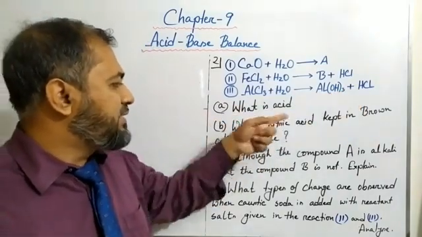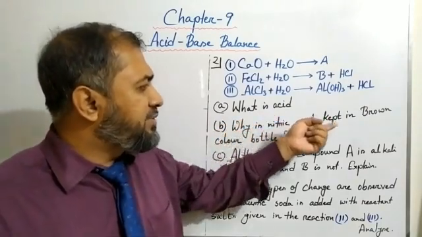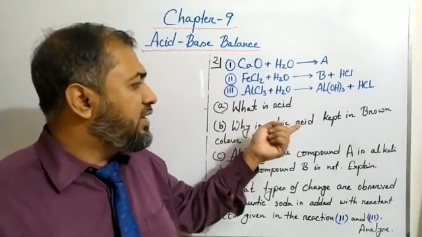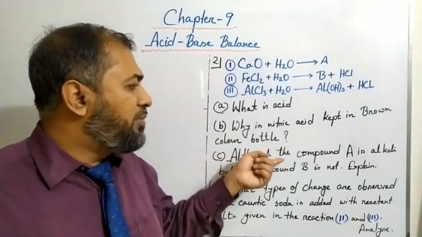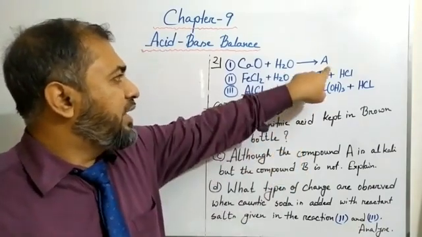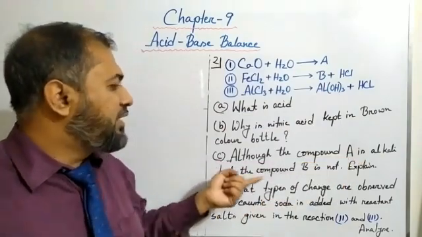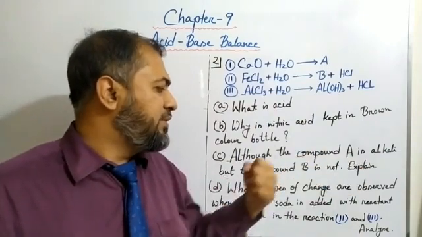Now, the first question, A: what is acid? Question B: why is nitric acid kept in a brown color bottle? Question C: although compound A is an alkali, compound B is not. Explain.